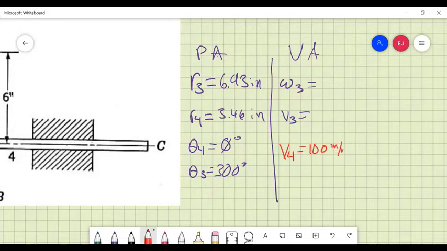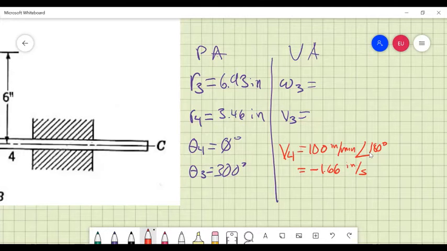So the input was given in inches per minute, acting at 180 degrees, which means minus 1.66 inches per second. This minus comes from the direction of the velocity.